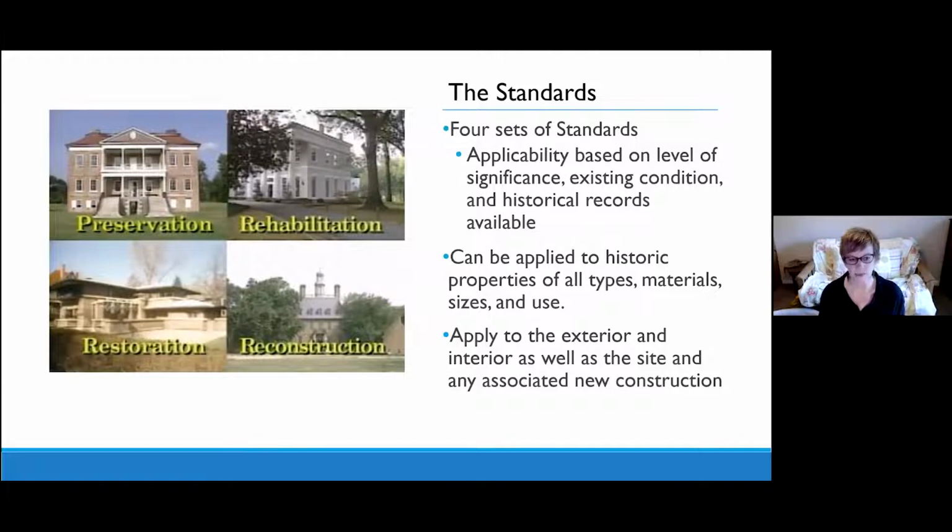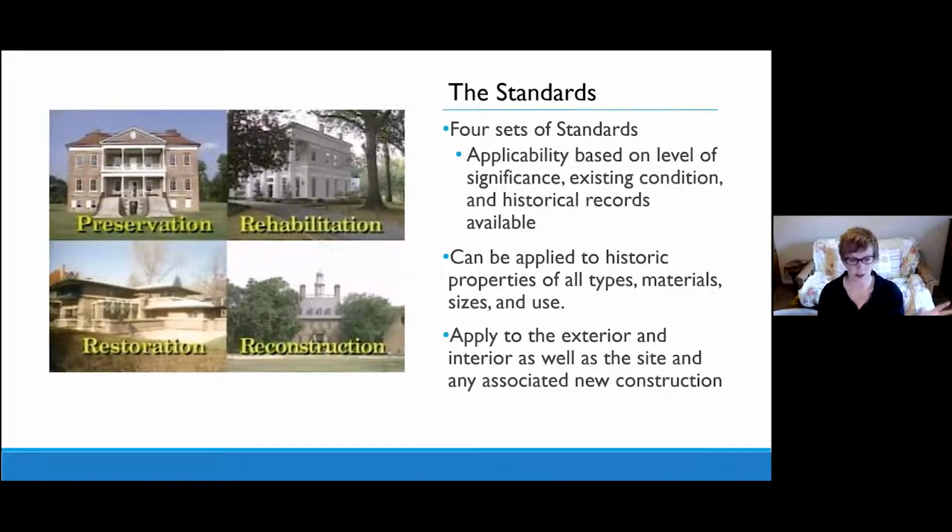With something like a reconstruction, generally we're not going to do many, but that could be used for a highly significant building, perhaps destroyed by fire or some other natural disaster, where we have really meticulous historic records. So it would be possible to rebuild it to match what was there originally. In that case, reconstruction would be appropriate.